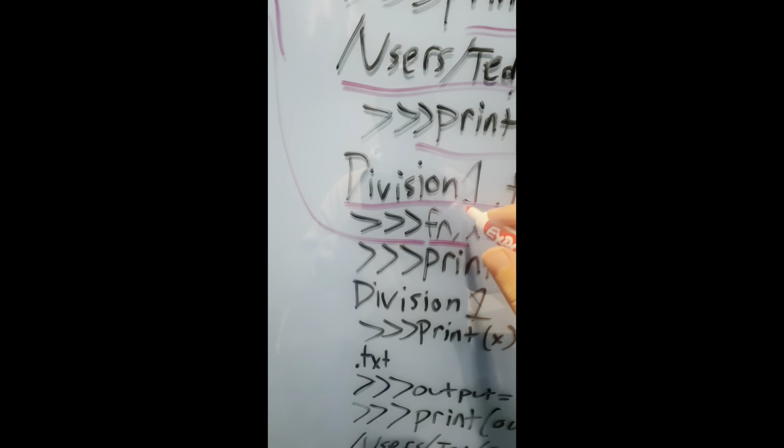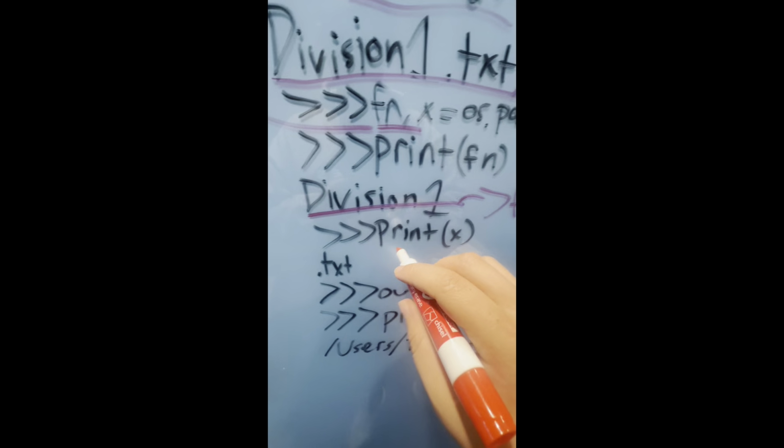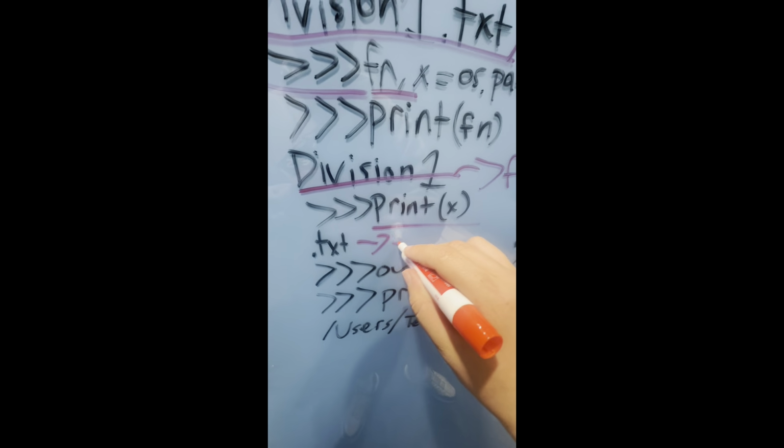Yep. Split the file name and extension from the f variable from up here. So printing fn is going to be our file name. So this, wait, I don't want to cross that out. That's underlined. That's the file name. Oh gosh, my handwriting sucks. Okay, and then printing x, this is the extension.